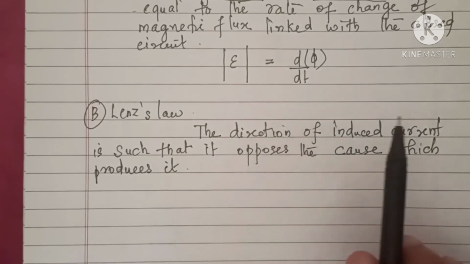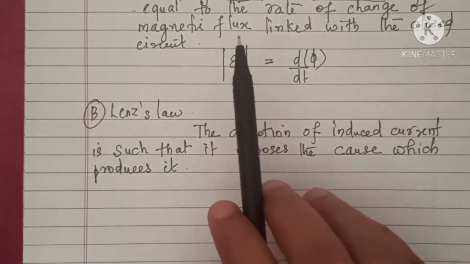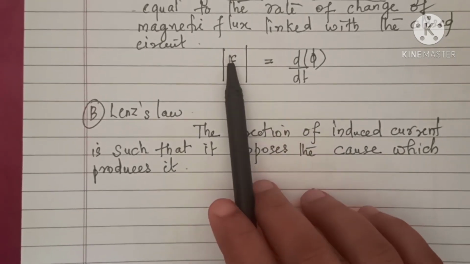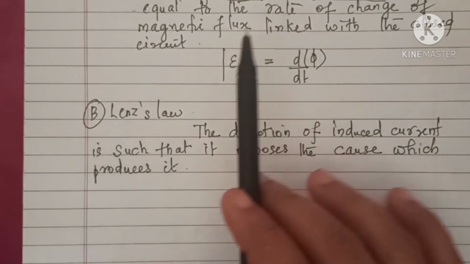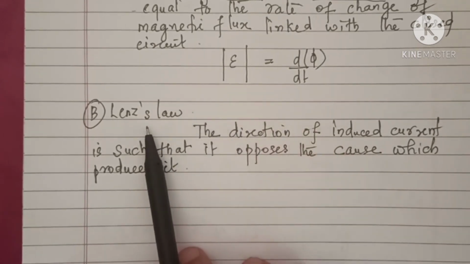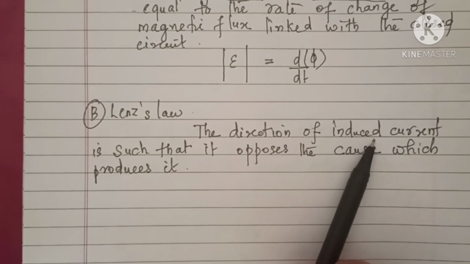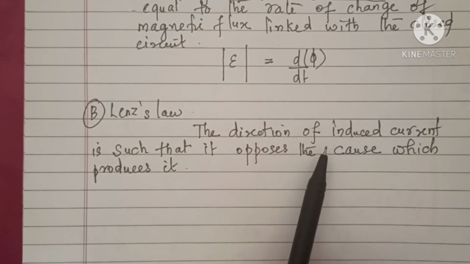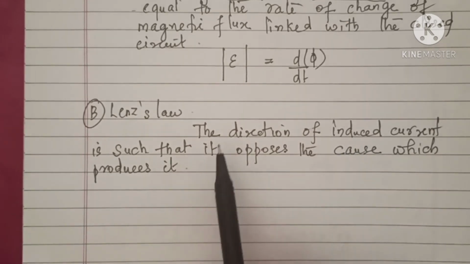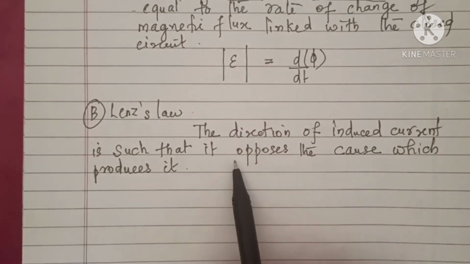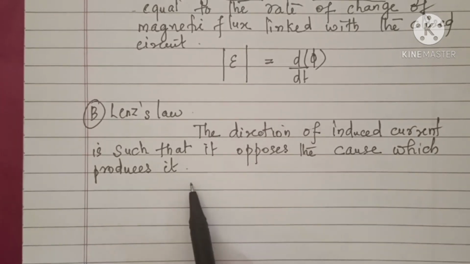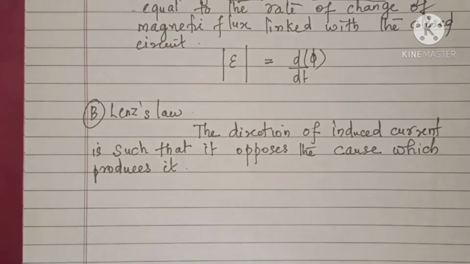Faraday's law only gives the magnitude of induced EMF or induced current. Lenz's law gives the direction of induced current. What about the direction? The direction of induced current is such that it opposes the cause which produces it. What is that cause?